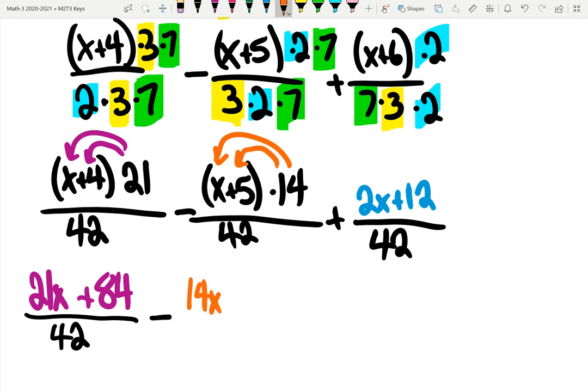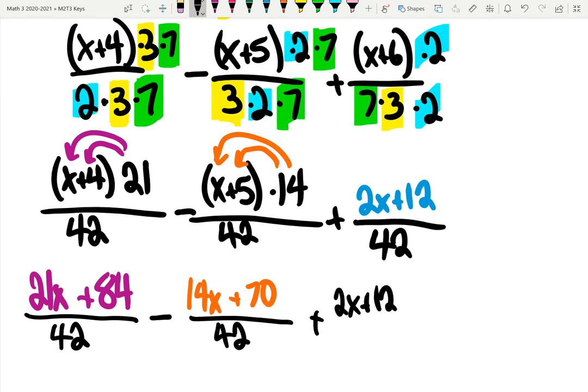This is going to lead to 14x. To figure out what 14 times 5 is in my head, I'm going to do 10 times 5, which is 50, 4 times 5, which is 20. 50 and 20 make 70 over 42. And then this stays the same. I already did the work.